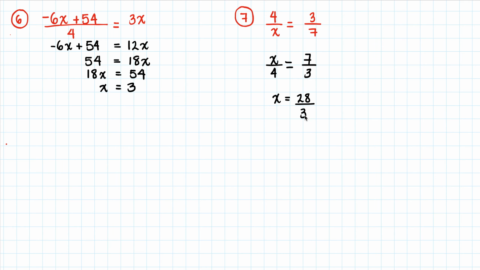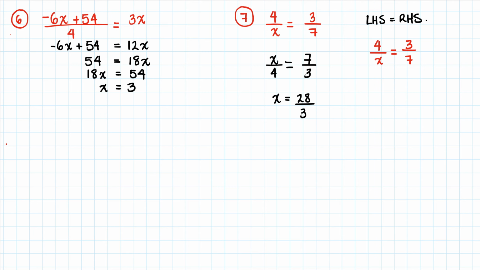Agree? Wonderful. Now, we're going to check our answer with this one because you might not be convinced of my answer. Remember that when we're checking our answers, the left-hand side has to be equal to the right-hand side. So I'm going to write my original equation that I had at the beginning. That's why I always like to write my original equation in red, so I know where I have to start.